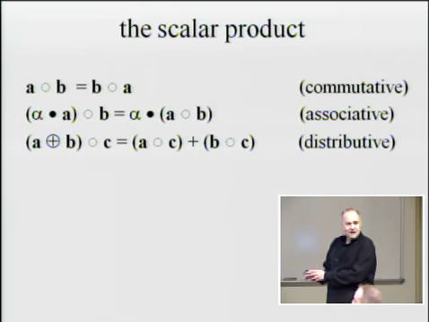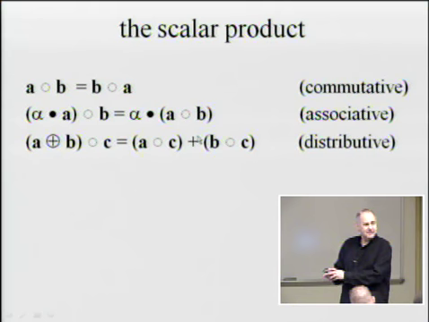No, that one is correct, because if I multiply the first term with this vector using scalar product, I will get a number. Multiplying the second vector by a vector using scalar product gives me another number, which means that I'm adding here two numbers.